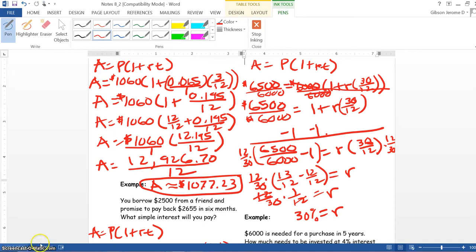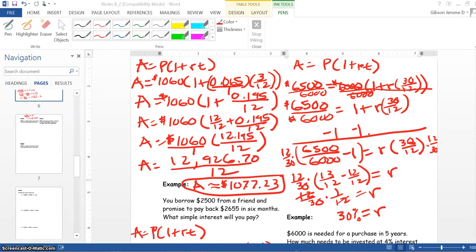And this will leave us 1 over 30. Now, our next step, which we will have to do, is this here.